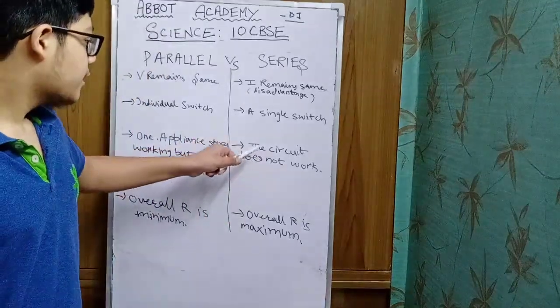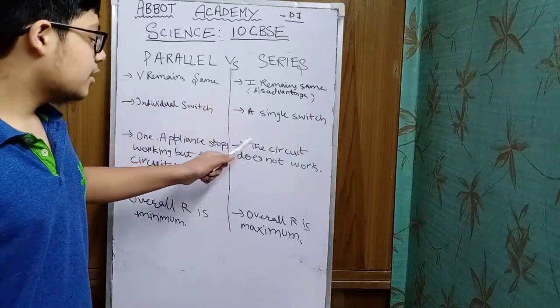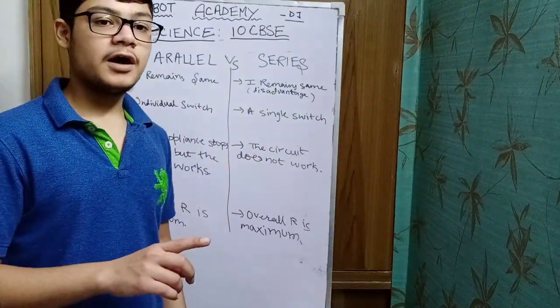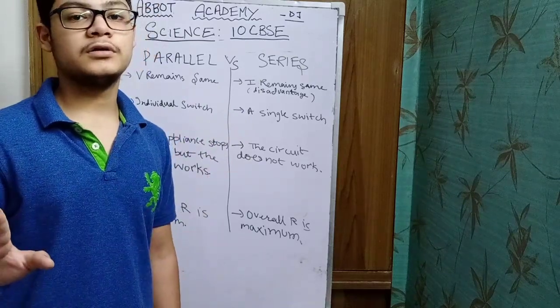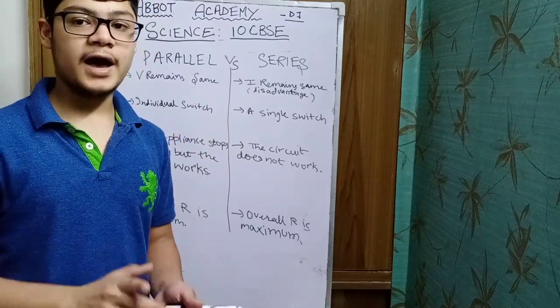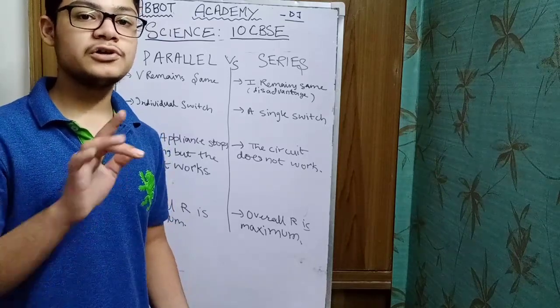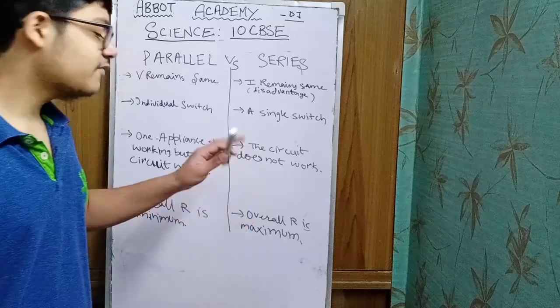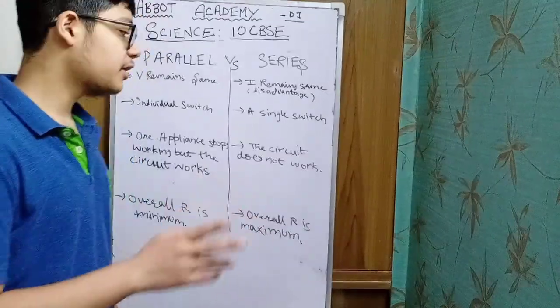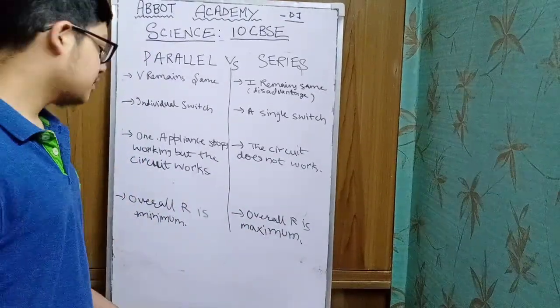And if we talk about series, if one appliance stops working, say the tubelight stops working, the whole circuit will not work. Your fan, your television will not work if your tubelight is not working. So the whole circuit will stop working if any one appliance is broken or has some technical problem.